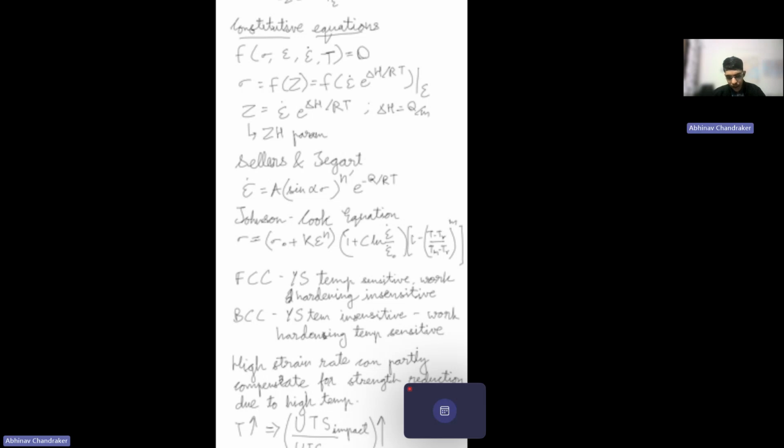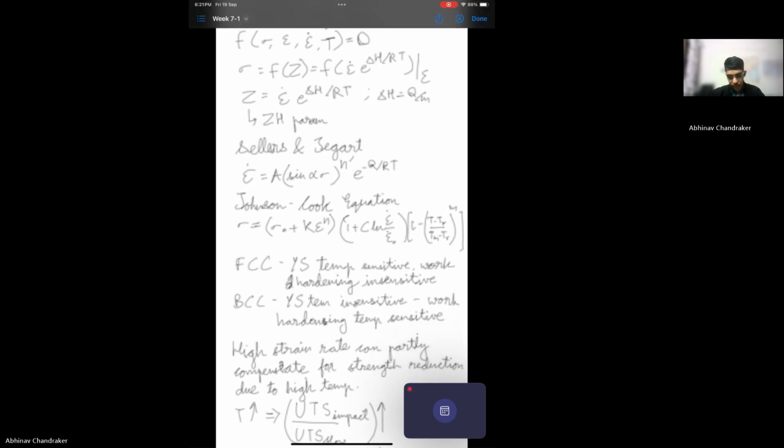Basically, to describe the deformation phenomena and predict how the stresses and strains will change as you roll at a particular strain rate and temperature. There have been multiple attempts to form constitutive equations which can explain the deformation behavior of the material. Different people have brought forward different equations.